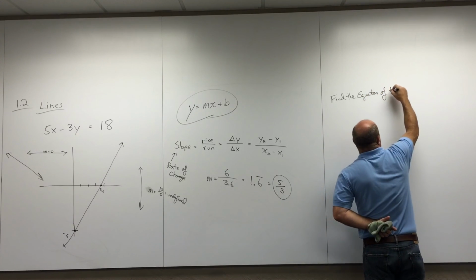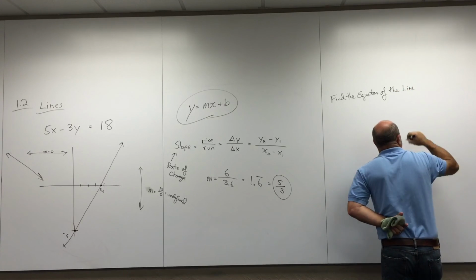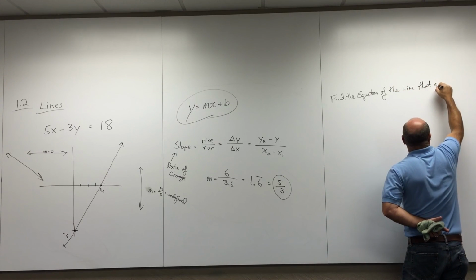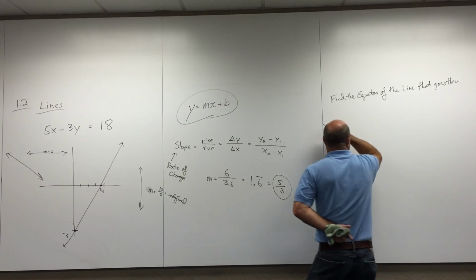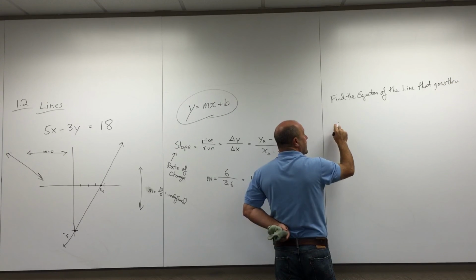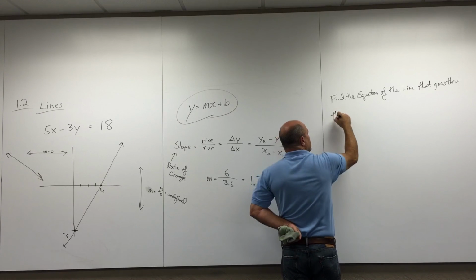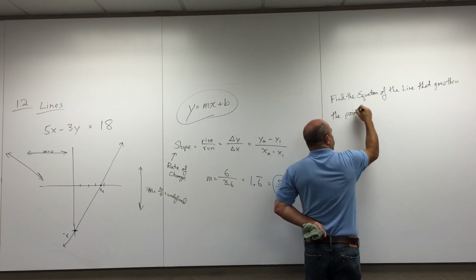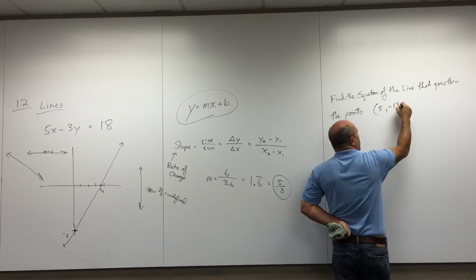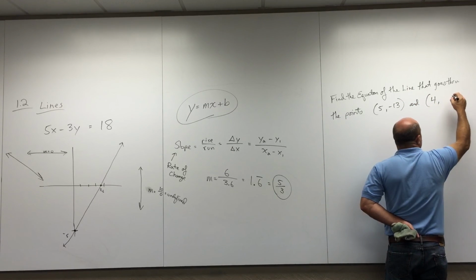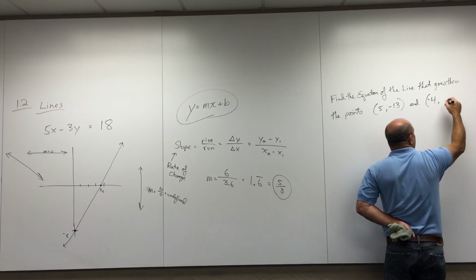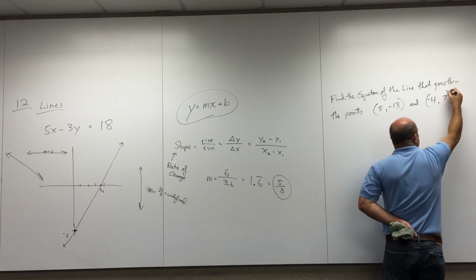Find the equation of the line that goes through, and this is pretty basic algebra in a way, but it's worth going over, I think, the points 5, -13, and -4, 7.